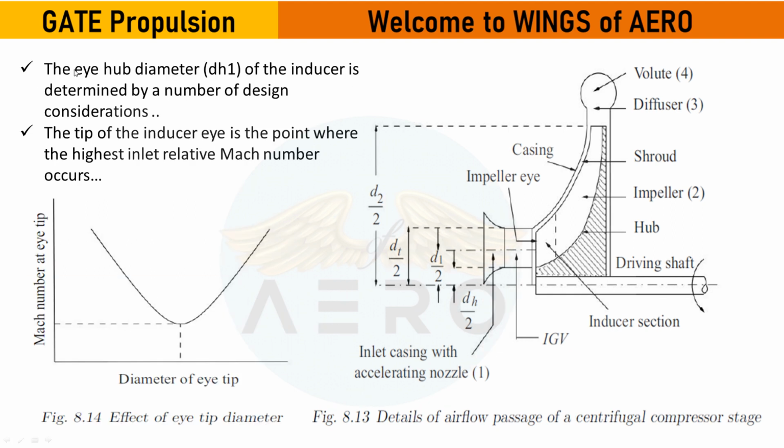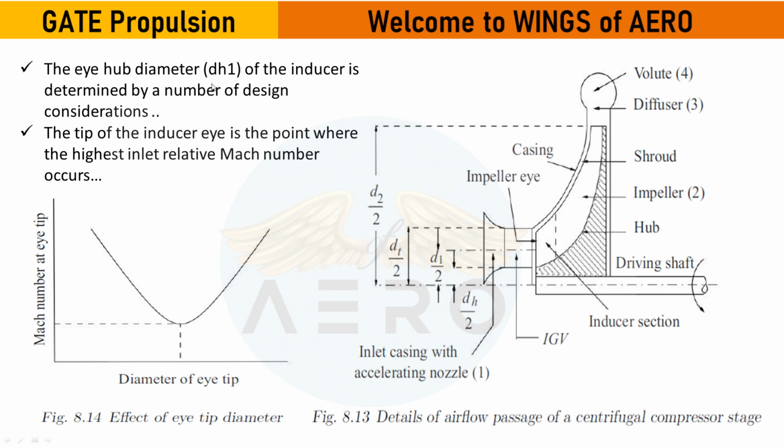So what is d_H1? We have already said it is the eye hub, or the inlet, we can say. Sometimes they might also ask what the significant factors are for the eye hub, that is, the impeller eye hub diameter d suffix H1.